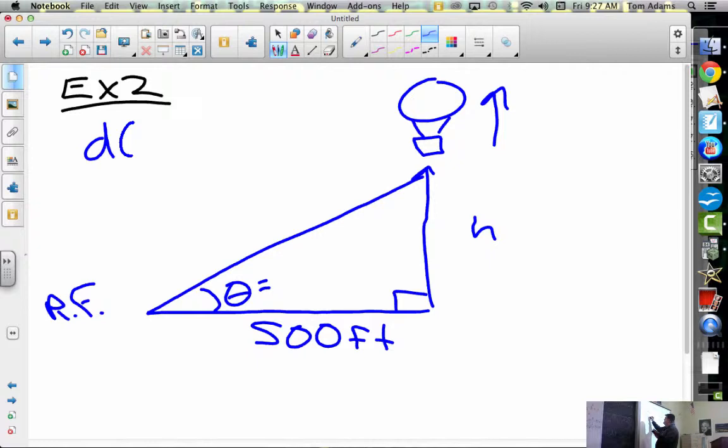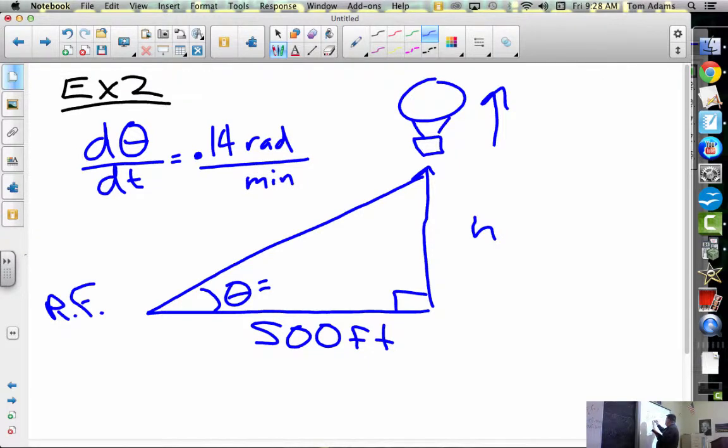They said that d theta over dt was equal to 0.14 radians per 1 minute. And they want to know dh dt.